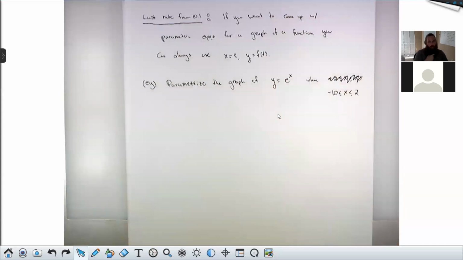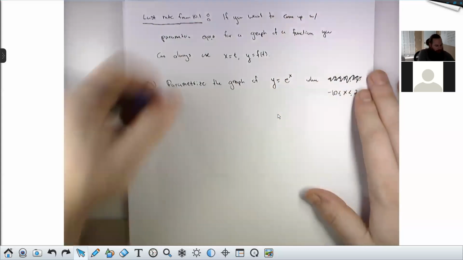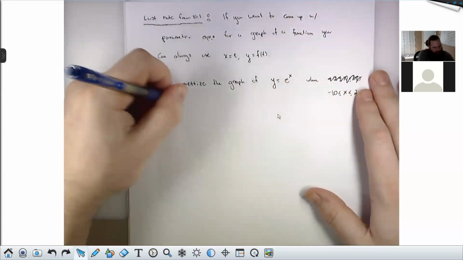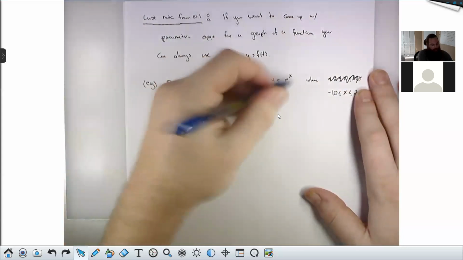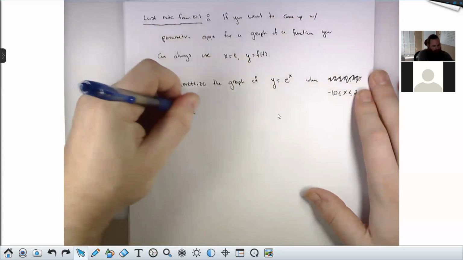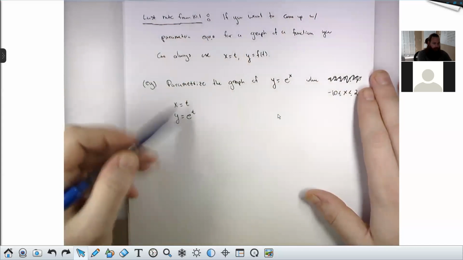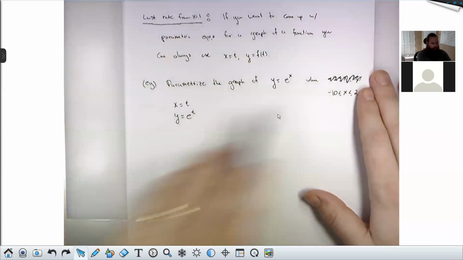That'll keep the graph size more manageable. So I can always do this by letting x just be t, and y, in this case, would be e to the t. Because definitely any points that satisfy this will show up here.